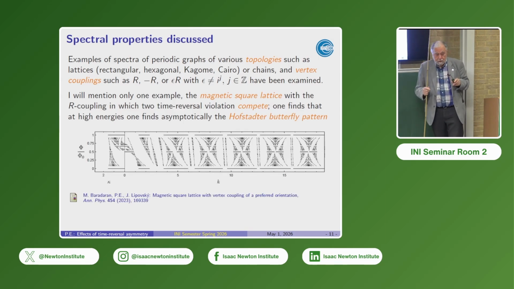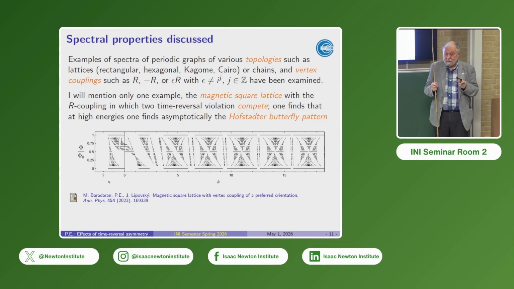Namely, if you take a square lattice graph with this coupling, violating the time reversal invariance, the R coupling as I call it, and you put it into a magnetic field. With Kirchhoff coupling, say, you would see that the spectrum as a function of the flux through the unit cell gives you the famous Hofstadter butterfly. But now you have two mechanisms which both violate time reversal, the magnetic field and this coupling, and they compete with each other.